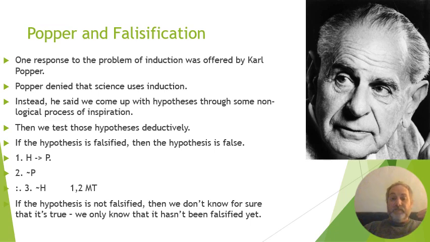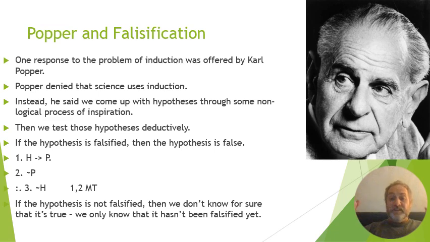Premise one says, if my hypothesis is true, then it makes a certain prediction, right? So that's what we want out of our hypotheses. If Nate is the murderer, then blood should be found. So that's my hypothesis, and it makes a prediction. If the prediction is false, right? So the squiggle P on line 2 means not P, right?